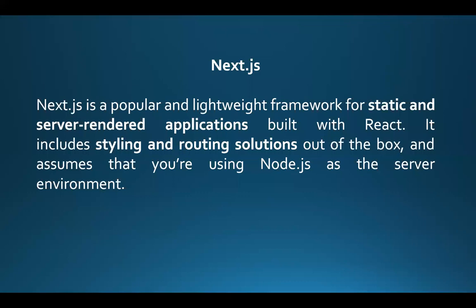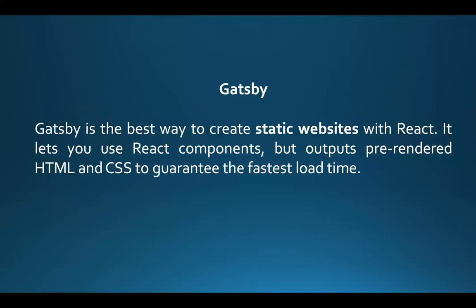I will give you an introduction to these tool chains. Not only Next.js, you have Gatsby. This is for creating static websites using React. That means only React is not enough. In several projects, we need React in combination with other frameworks. React is popularly used with Next.js.